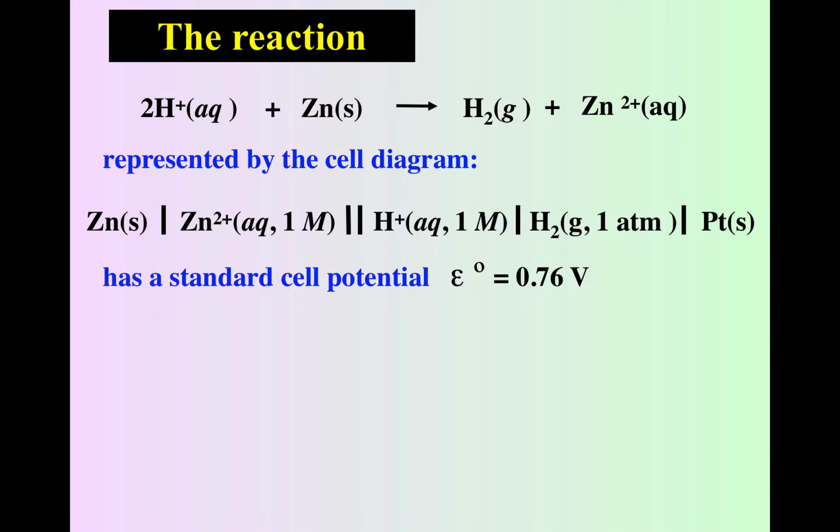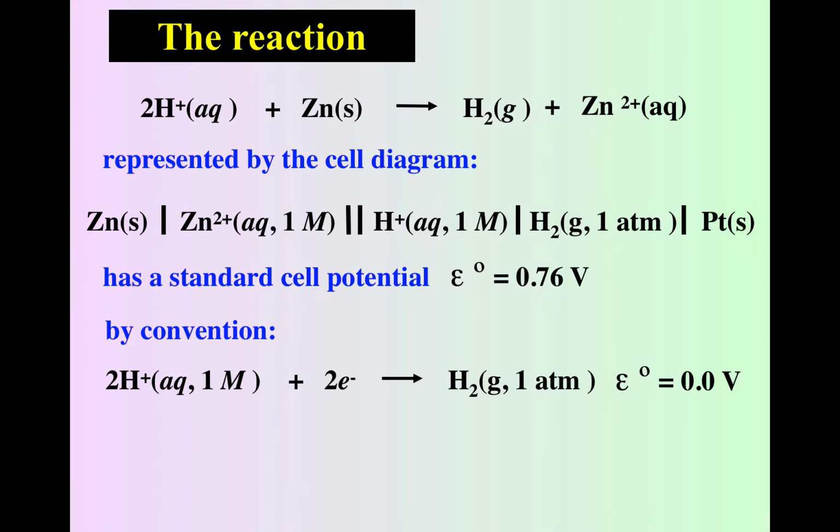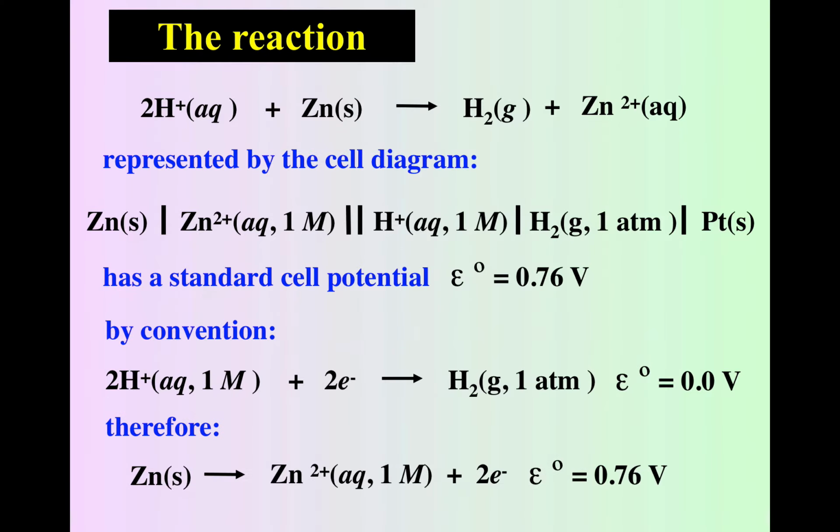And since it was arbitrarily decided that the reduction potential for H plus ion was going to be 0, when you add the oxidation potential for zinc to the reduction potential for H plus ion, we get 0.76 volts. So that is the oxidation potential for zinc turning into zinc 2 plus.